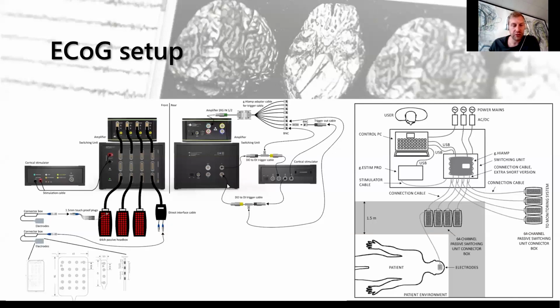But we can also, based, for example, on an external decision maker like an Arduino or any digital output that is sent, activate the stimulator and the switching unit to route and stimulate, and then we get the stimulation trigger back into the amplifier.